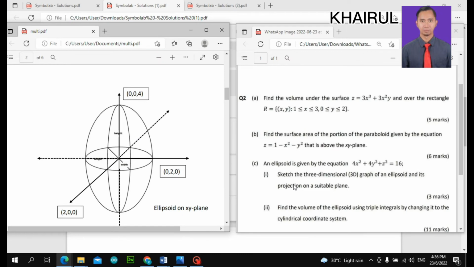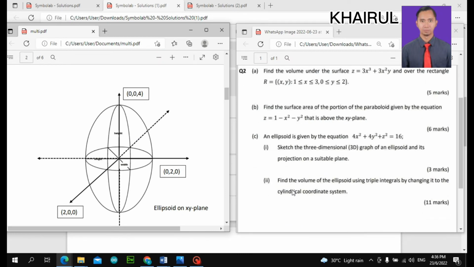Okay, for question C2, find the volume of the ellipsoid using the triple integral. We must use the triple integral.